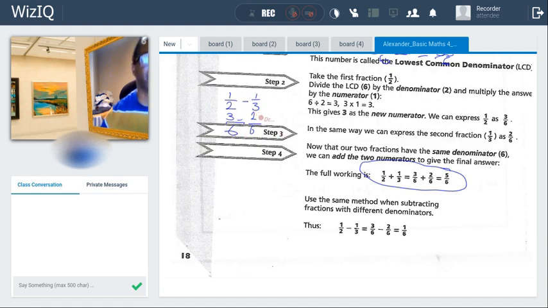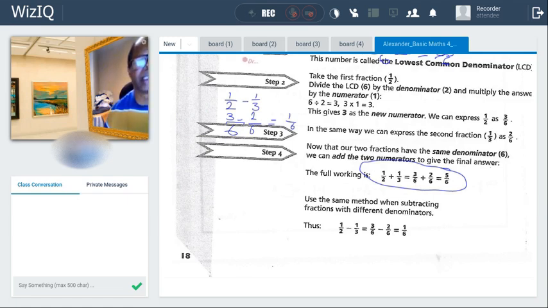Once I've done that, the denominator is the same, so all I need is to subtract the numerators. So this is going to be 1/6. That's all there is.